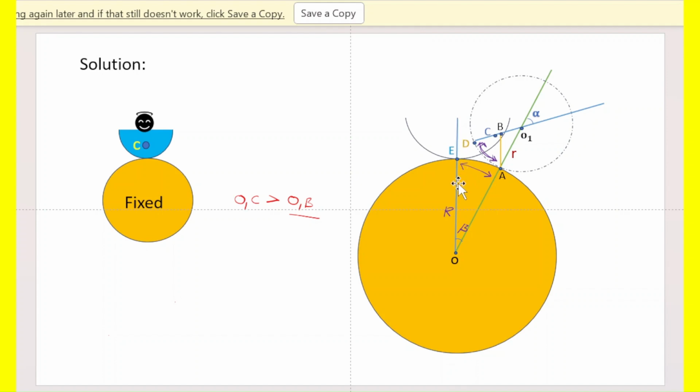And this blue line is the line of symmetry in the initial position of the toy. And this is also a line of symmetry in the final position of the hemisphere. And this green line is the line joining the centers O1.